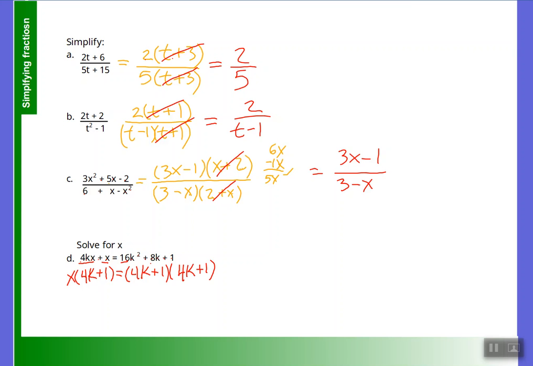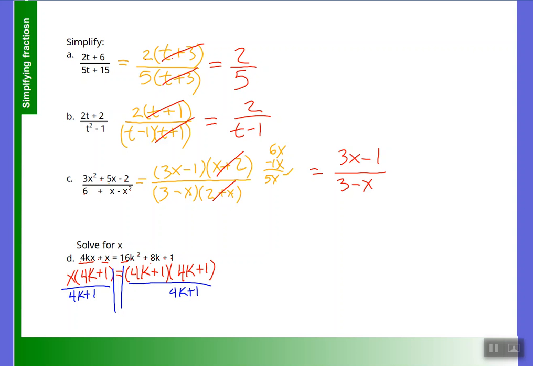Alright, so normal train track stuff, normal solving linear equations apply. What are we going to do to both sides to get the x all by itself? Train tracks. So what are we dividing it by? I heard someone say divide. 4k plus 1. What I do to one side, I have to do to the other.